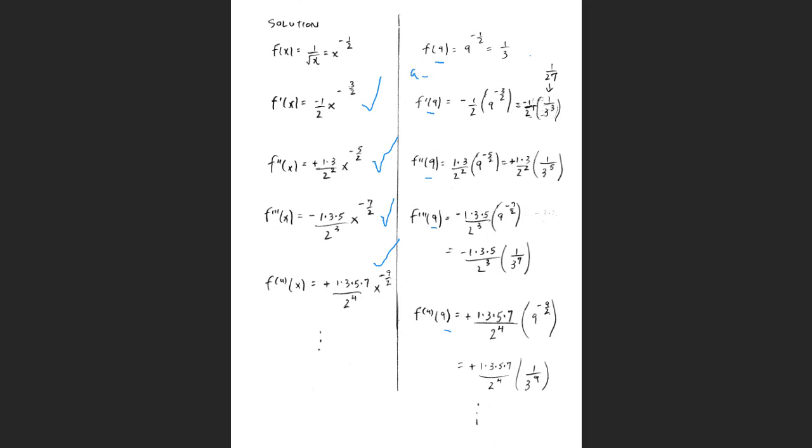Let me give you a moment to copy things down here and let me know if you have any questions. I think you can see what's going on here pretty clearly. I found derivatives up to the 4th derivative, and then I evaluated all those derivatives at a equals 9. Let me give you a moment to copy that, and please ask questions if you have any.